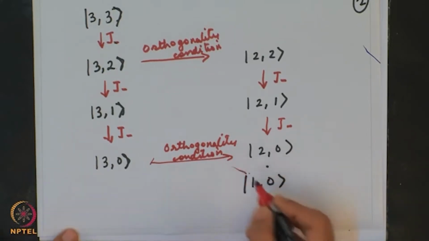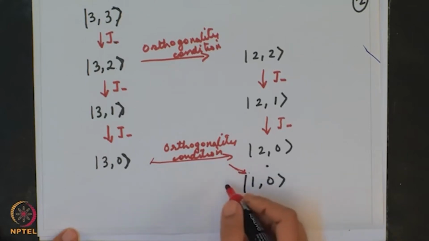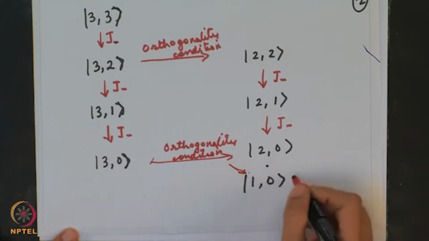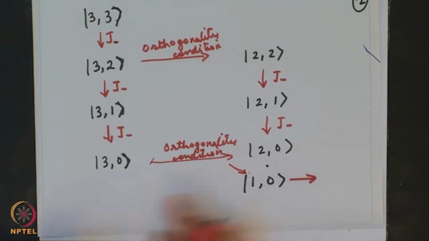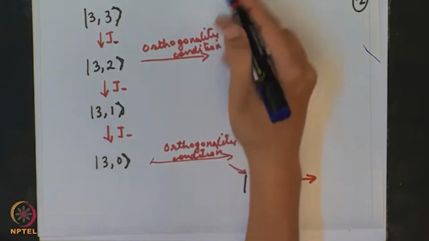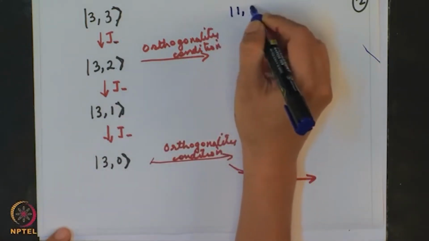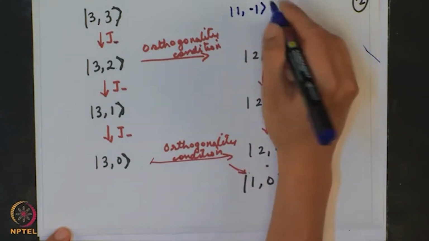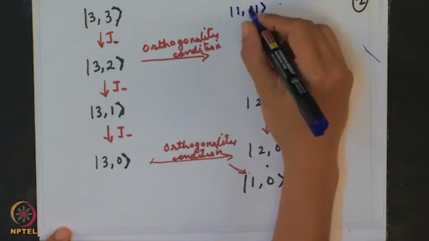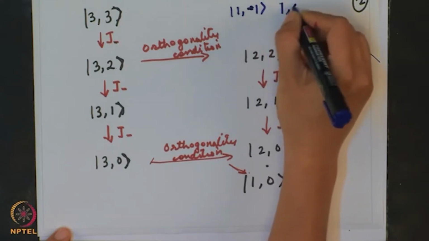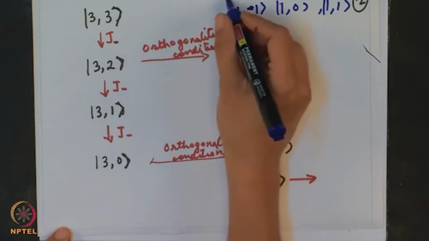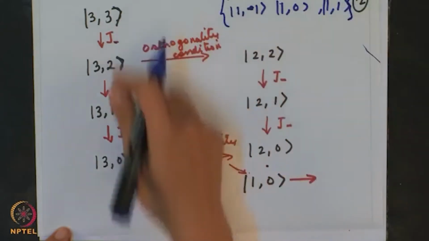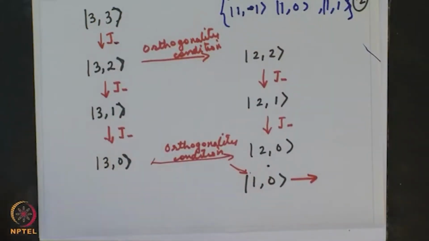Here you can do two things. Basically our idea is to obtain 3 states. What are the 3 states? 1 minus 1, 1 0 and 1 1. So, these are the 3 states we need to determine. That is why we have to go through these steps.